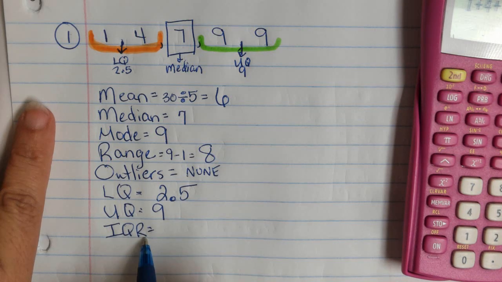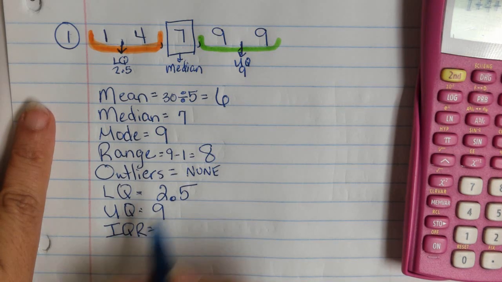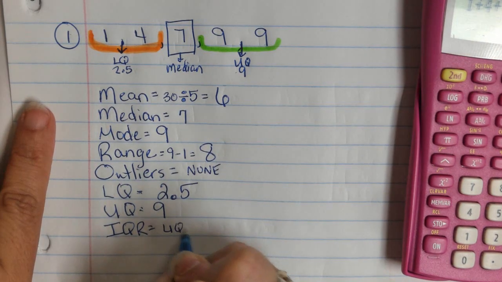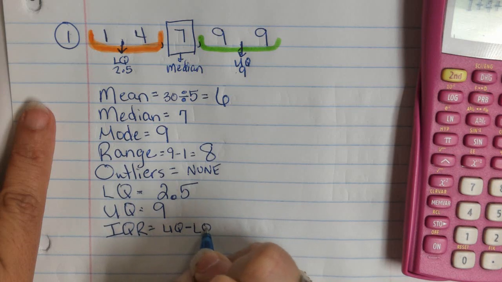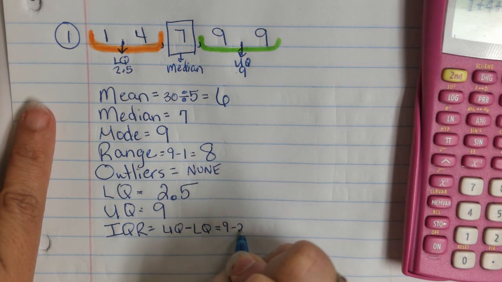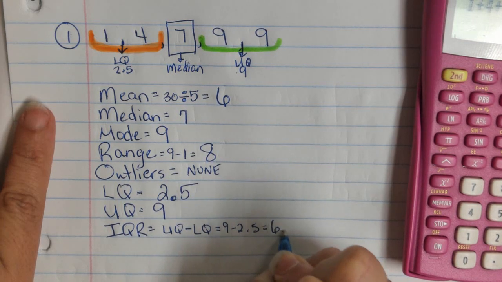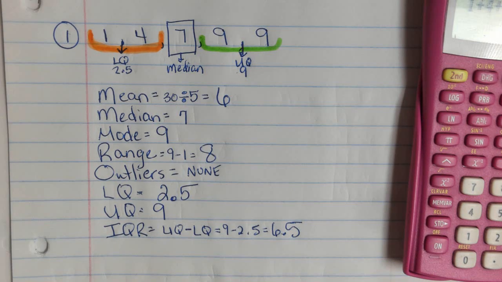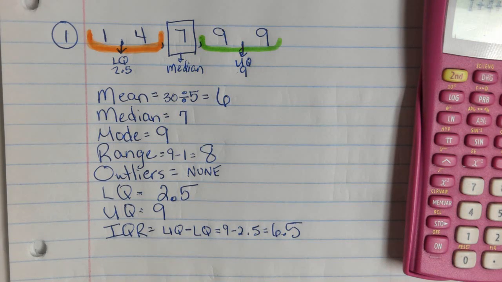Range is subtract quartiles. Okay? So, it is your UQ minus your LQ. So, 9 minus 2.5 is 6.5. I'm trying to be real specific in case anyone's homesick. They can watch what I'm doing.